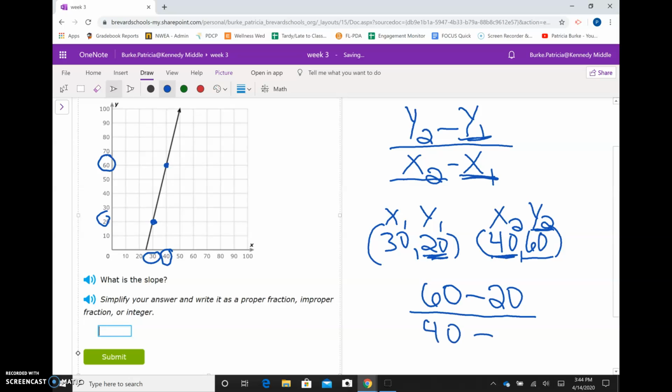And your x1, well, there's that 30. 60 minus 20 is 40. 40 minus 30 is 10. And 40 divided by 10 is 4 again. So you would put in 4 and hit submit.